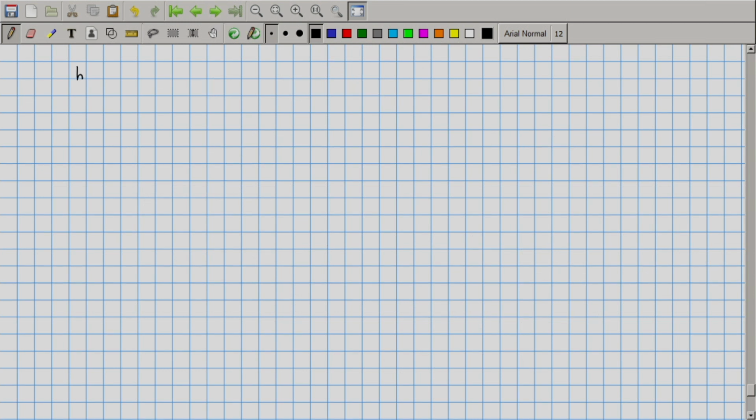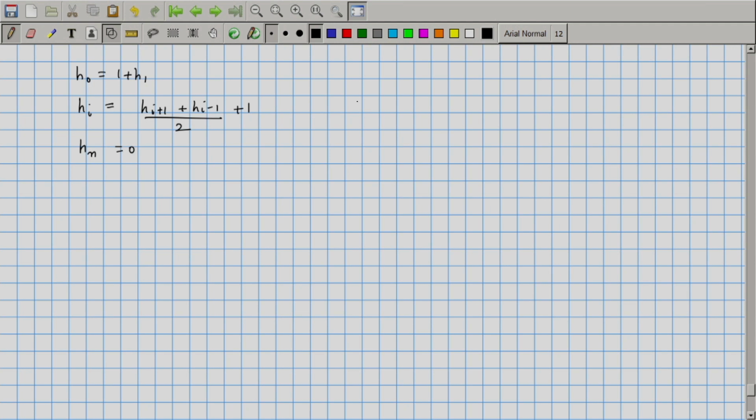So, this is what we will work with: H0 is equal to 1 plus H1, Hi is equal to (Hi plus 1 plus Hi minus 1) by 2 plus 1, and Hn is equal to 0.